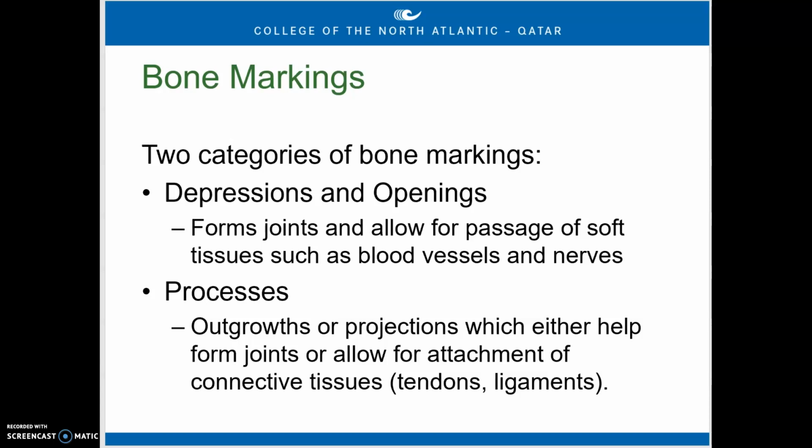Okay, so that's what depressions and openings usually do. Processes are outgrowths or projections that grow off or stick out of bones. Generally, processes are where we'd find attachment of connective tissue. So that's where tendons or ligaments are going to connect the bone to the musculature system.